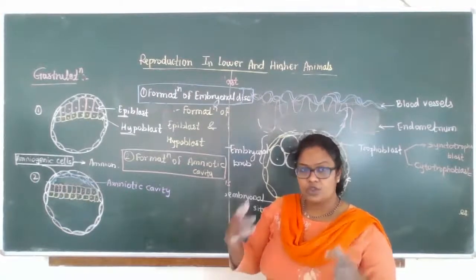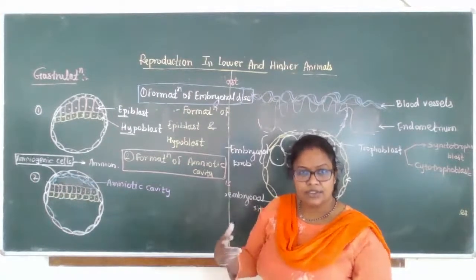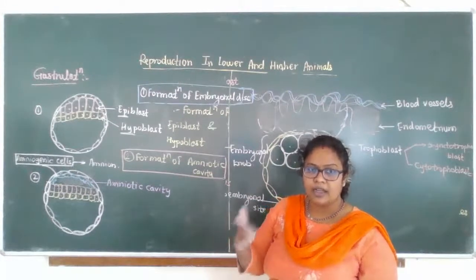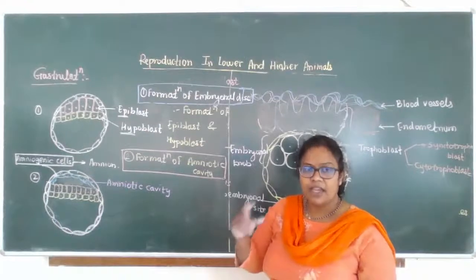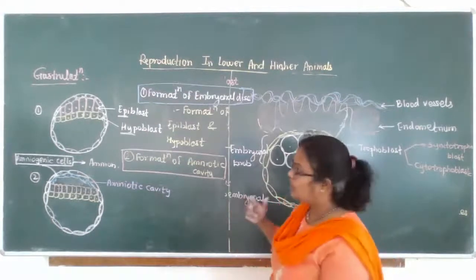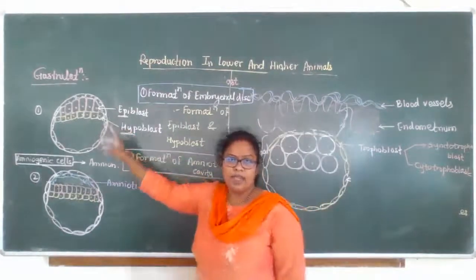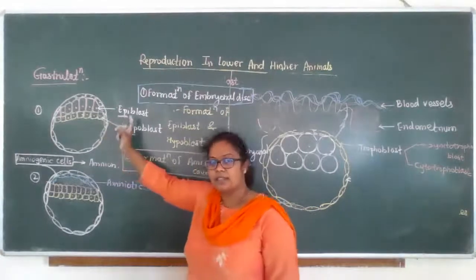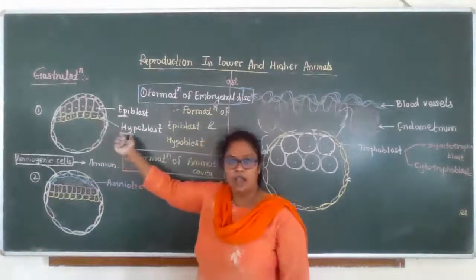Clear? These two form the bilaminar disc, the bilaminar embryonal disc. Bilaminar means two layers, right? It has two layers, so it is called a bilaminar disc. Top में रहेंगे उसमें epiblast cell, and below it is a hypoblast cell.